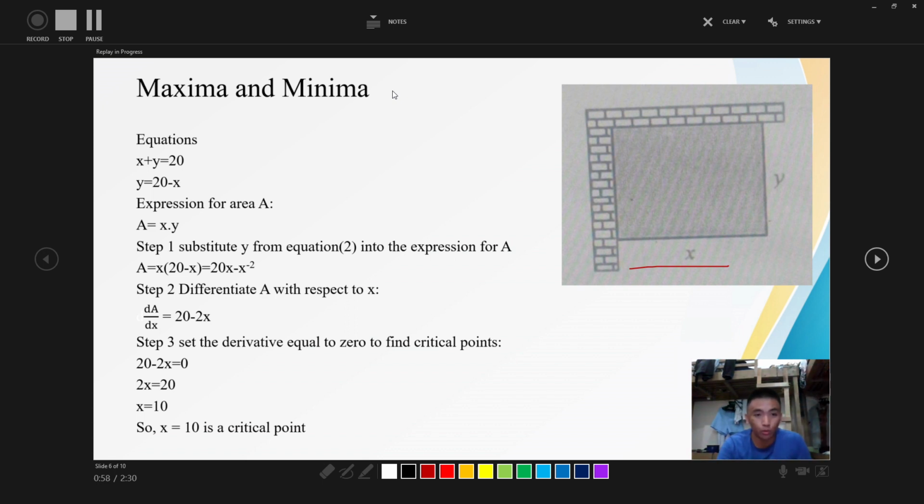Step 2 is to differentiate A with respect to x, in other words to find the derivative dA/dx, which equals 20 minus 2x. The derivative represents the rate of change of the area with respect to x. Step 3 is to set the derivative equal to 0 to find critical points, so 20 minus 2x is equal to 0.